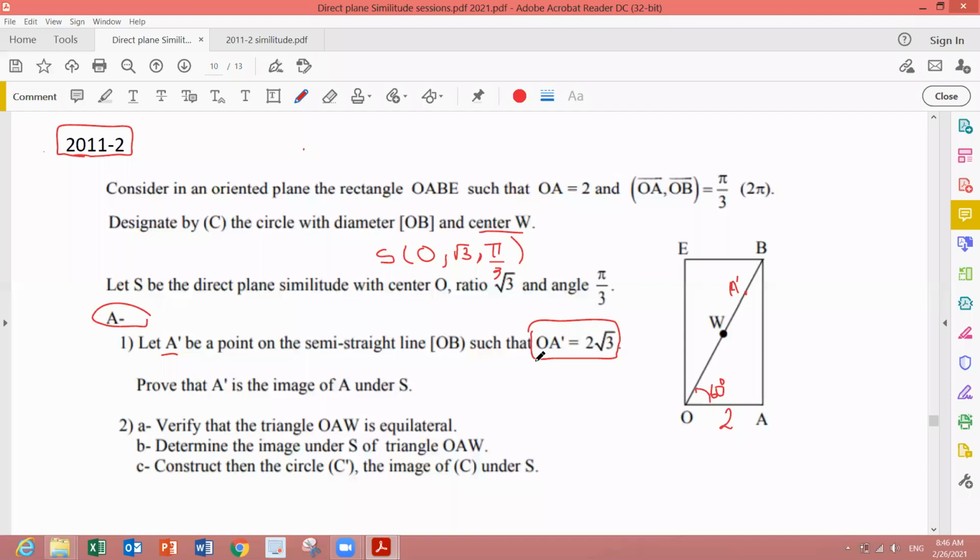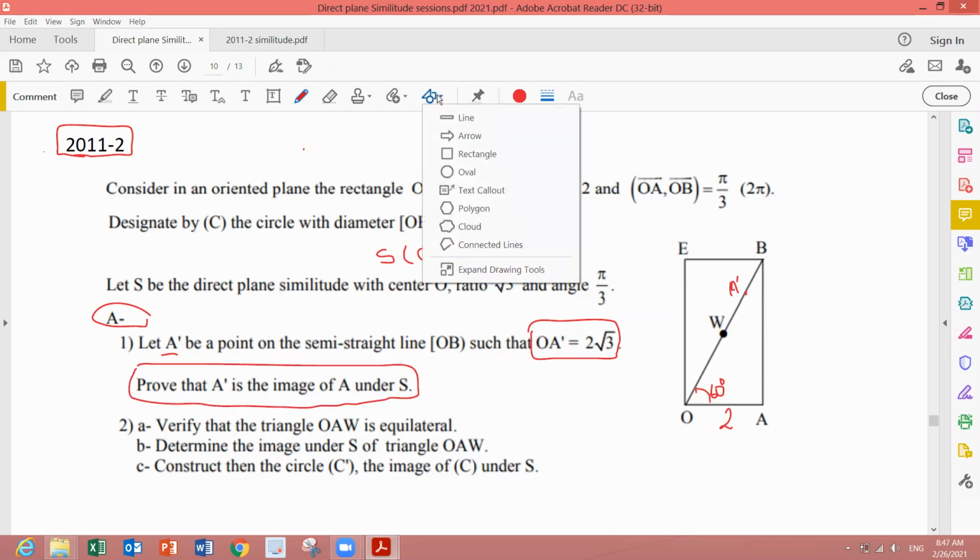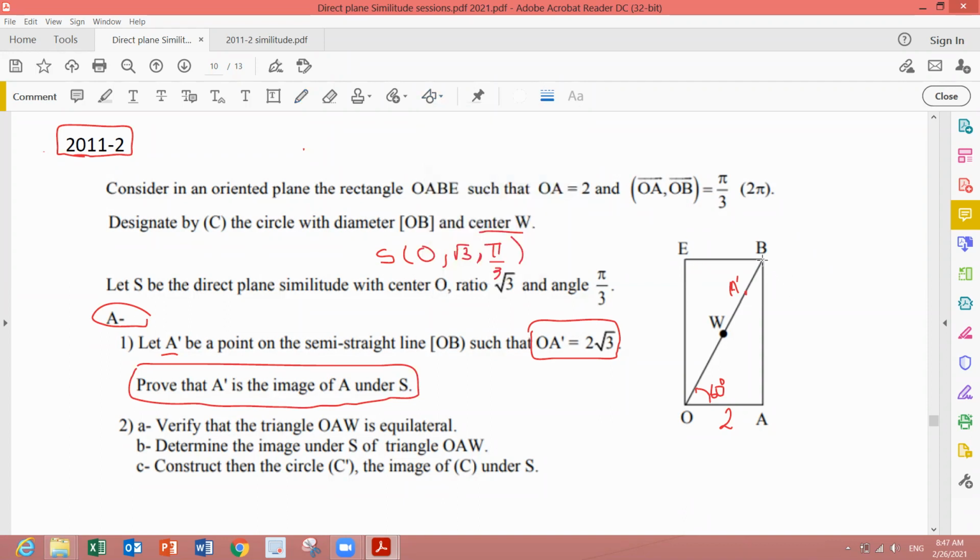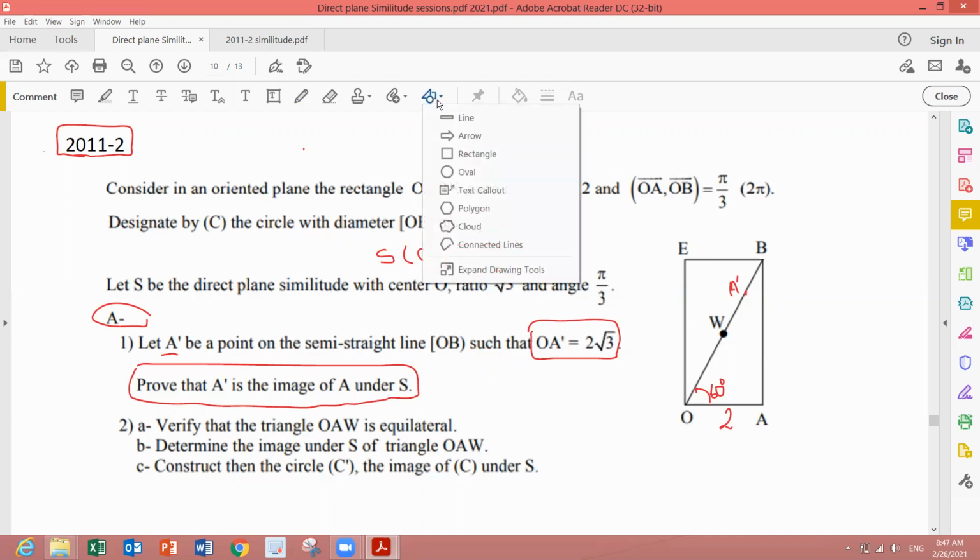How to prove that A prime is the image of A under S? Yeah, نعمل similitude.